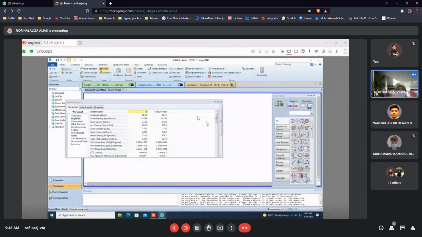Is molar volume here? This is it. 2.088 molar volume. So obviously it has changed. And then mass entropy and viscosity.